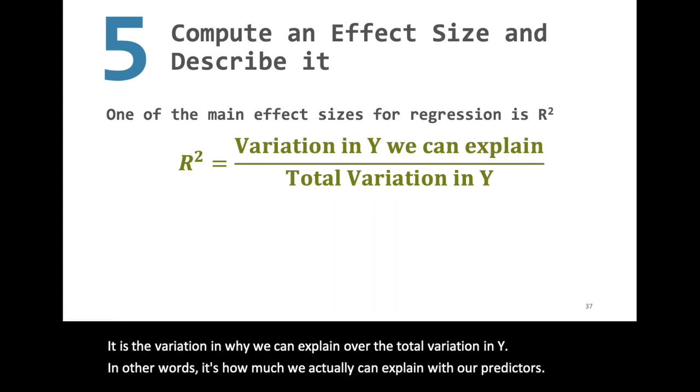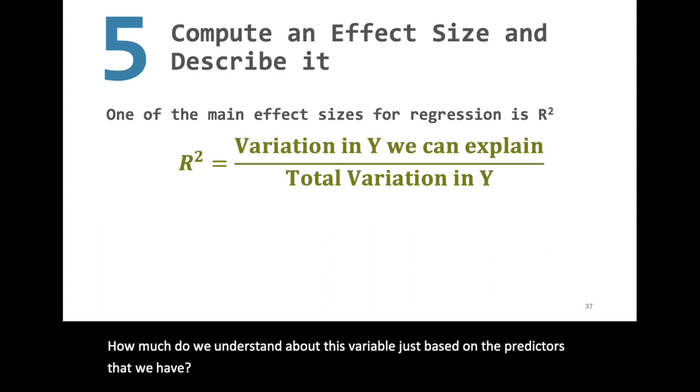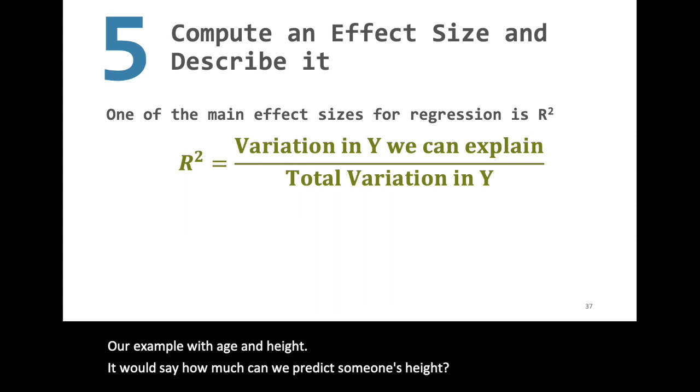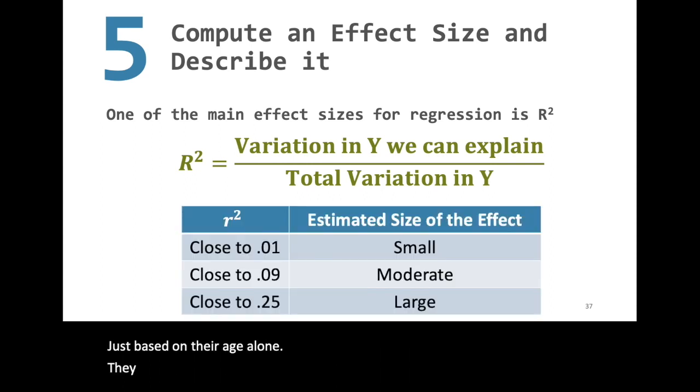How much do we understand about this variable just based on the predictors that we have? Our example with age and height, it would say how much can we predict someone's height just based on their age alone? The R squared rough cutoff, so it's 0.01, 0.09, and 0.25.